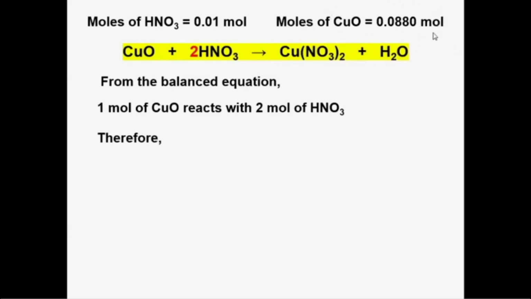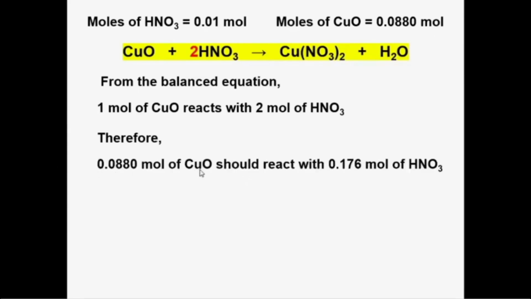So if we are just using 0.088 moles of copper oxide, it should react with 0.176 moles of nitric acid, because the ratio is 1 to 2. So this is the moles of nitric acid needed to react with 0.088 moles of copper oxide.